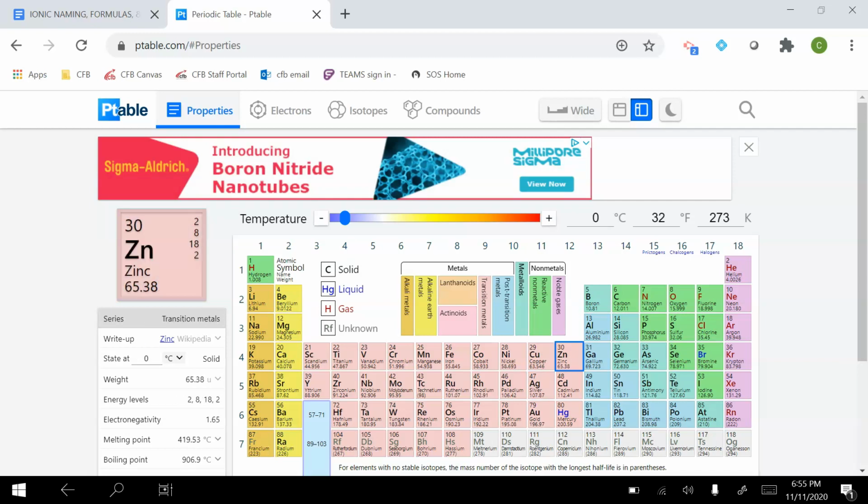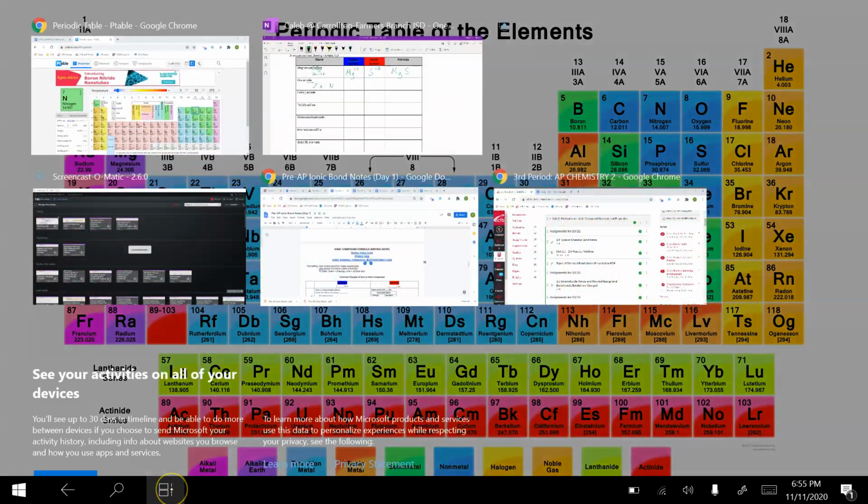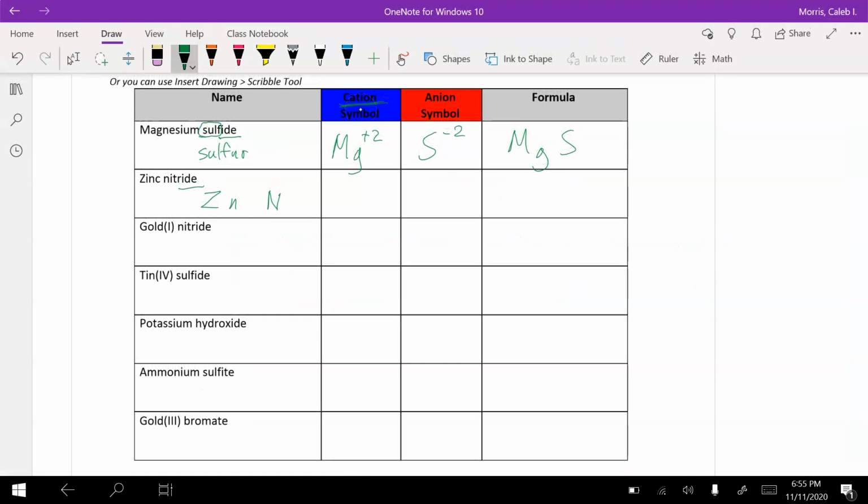So zinc has a positive 2 charge, and then nitrogen has a negative 1, negative 2, negative 3. It's in this group. It's got a negative 3 charge. So I have zinc, positive 2, nitride, negative 3.